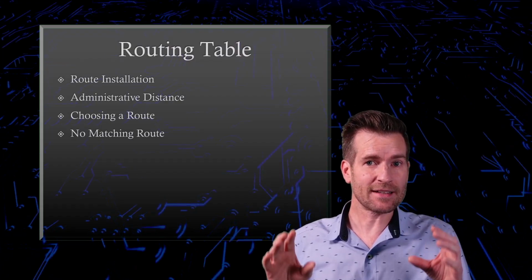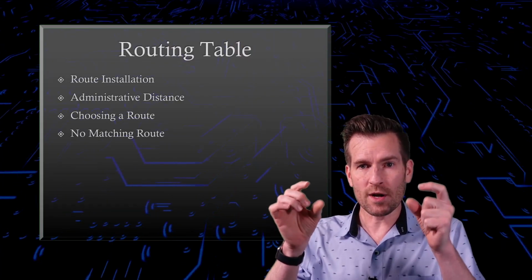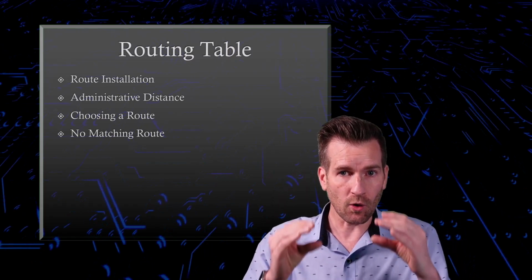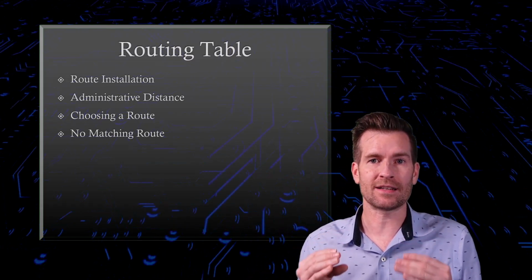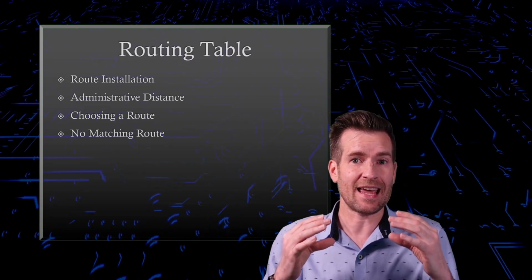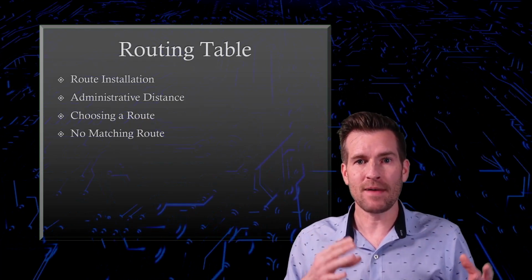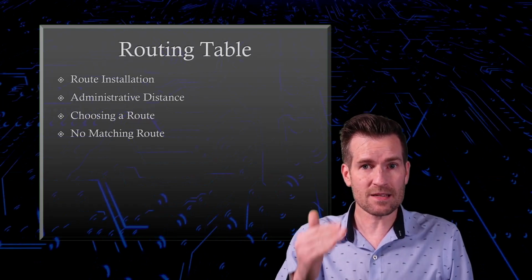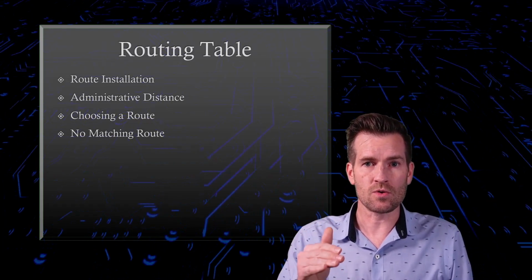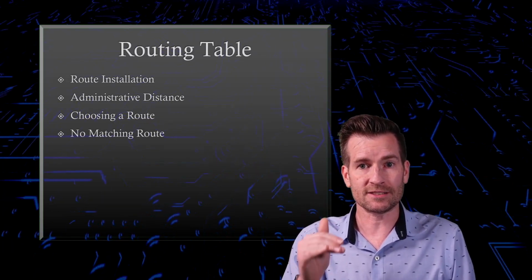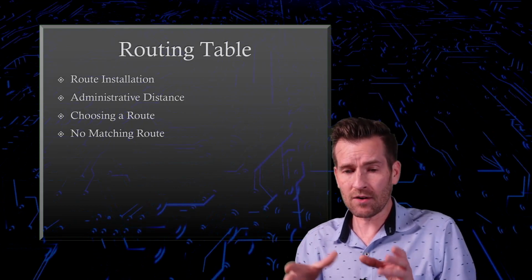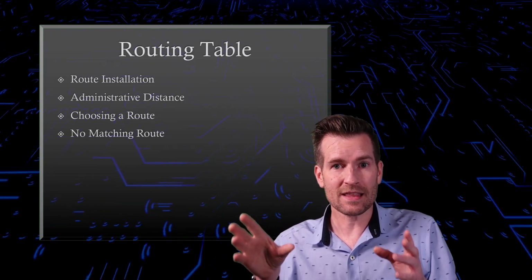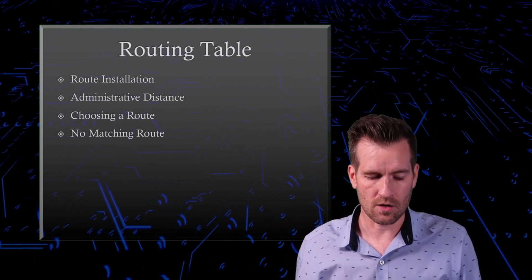We started out by talking about route installation, which routes actually get installed into the routing table. Your router uses administrative distance and metric. Administrative distance is a way to determine which are the best protocols to use, which are the most reliable protocols to use, and then out of those protocols, what is going to be the best route to take.